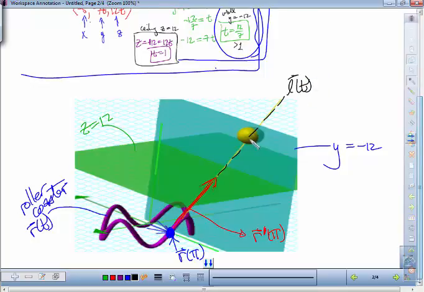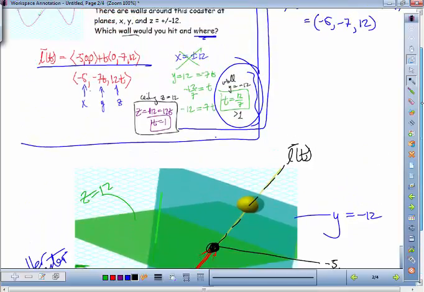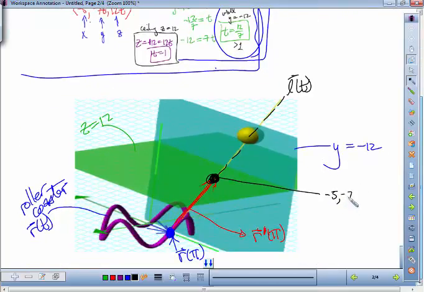This is the point where it would have hit the sidewall, but this is the point over here where it hits the ceiling. This is the point -5, -7, +12.